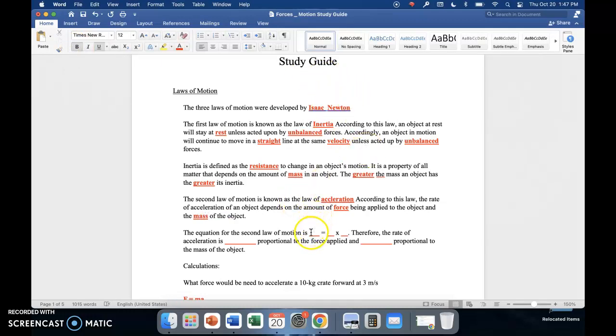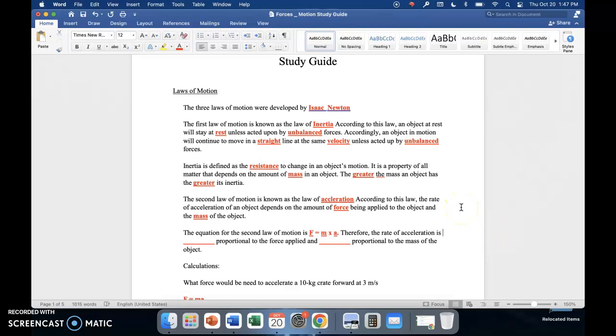Then what we see down here, F, force, is equal to mass times acceleration. F equals m times a.